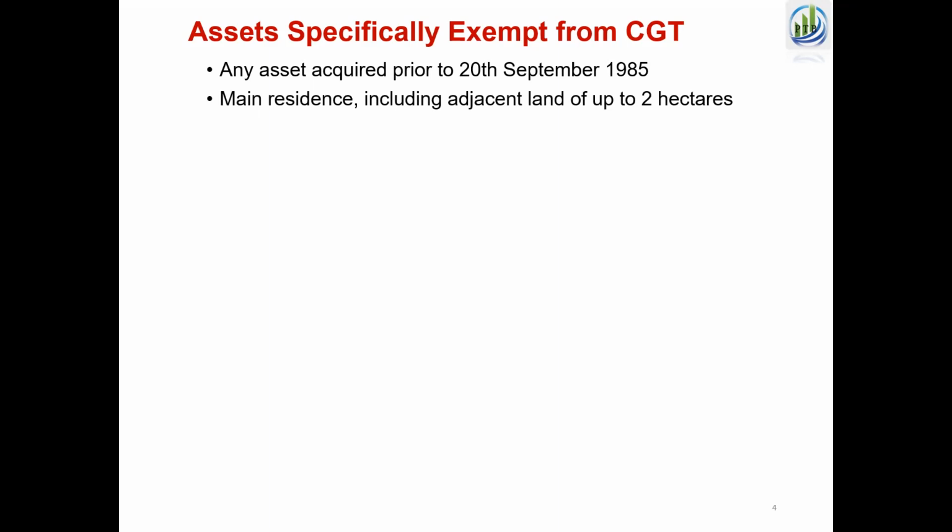When you sell it, you no need to pay the capital gain tax. Right? Not only the house but also the 2 hectares of adjoined land, right? Not other land a little bit further away, the land including the house. So normally the maximum area is 2 acres of adjoined land.